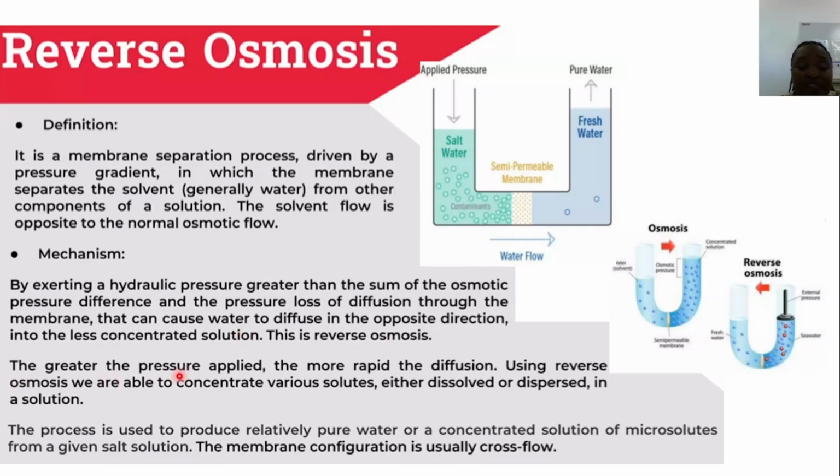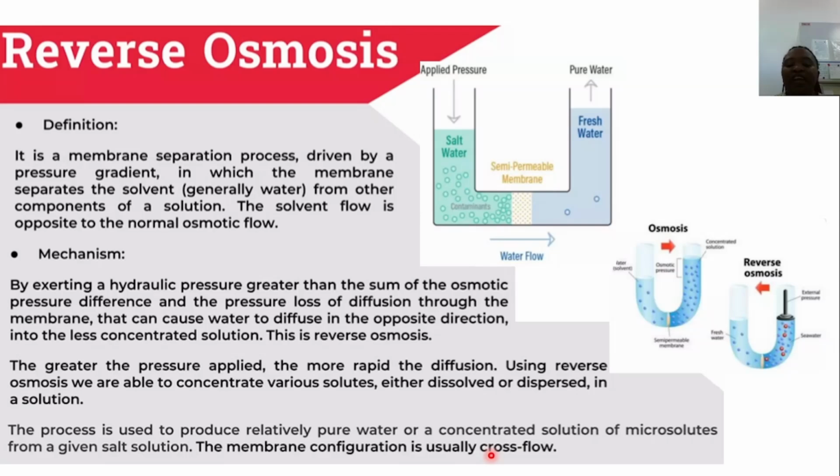The greater the pressure applied, of course, the more rapid that diffusion process will occur. Using reverse osmosis, we are able to concentrate various solids, either dissolved or dispersed within a solution. The process is used to produce relatively pure water, or a concentrated solution of microsolids from a given solution.